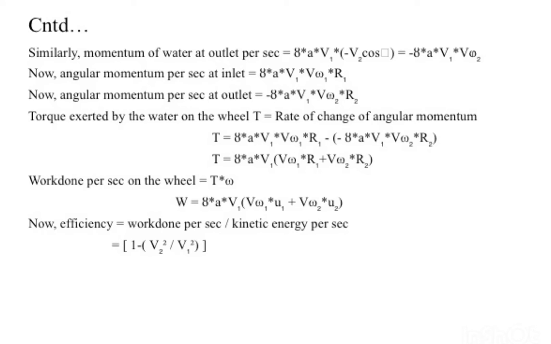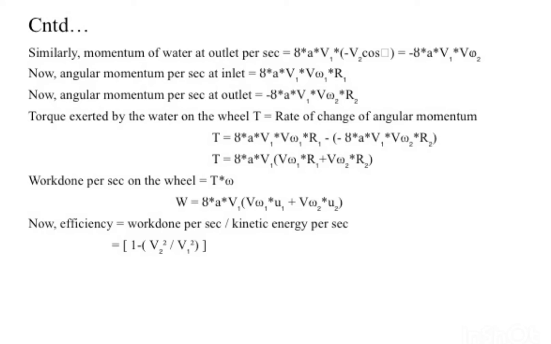Now you have to find the angular momentum per second at the inlet. Angular momentum is the momentum at inlet into the radius at inlet, that is rho into area into V1 into VW1 into R1. Similarly, the angular momentum per second at outlet is negative rho into area into V1 into VW2 into R2.